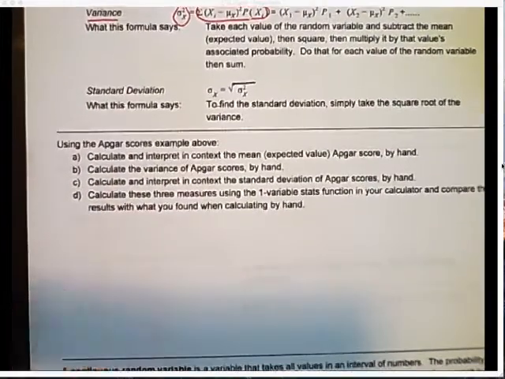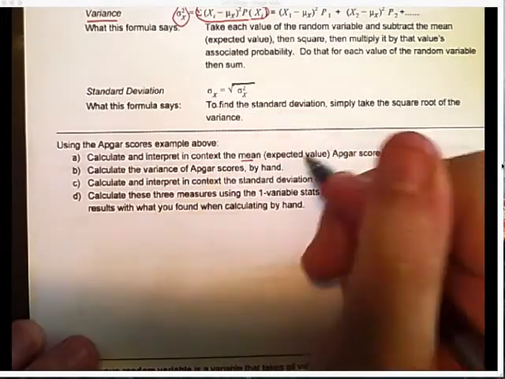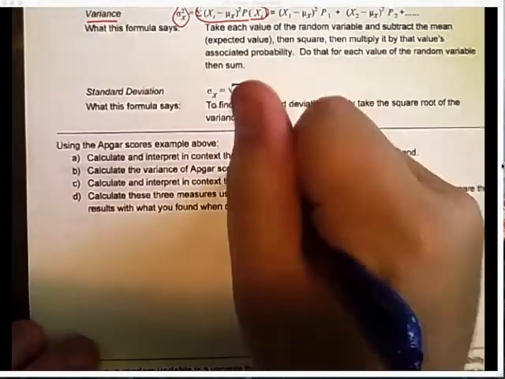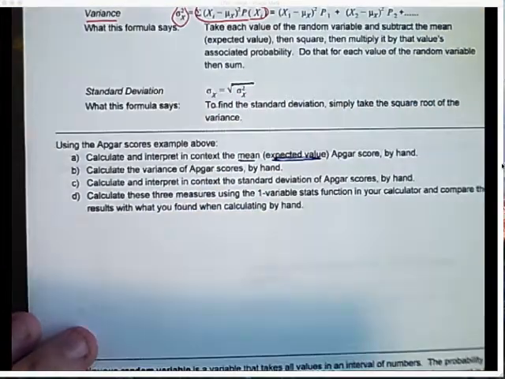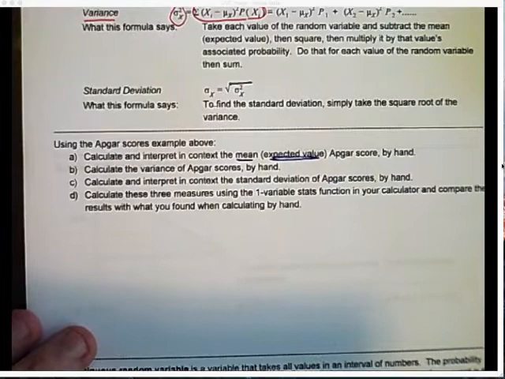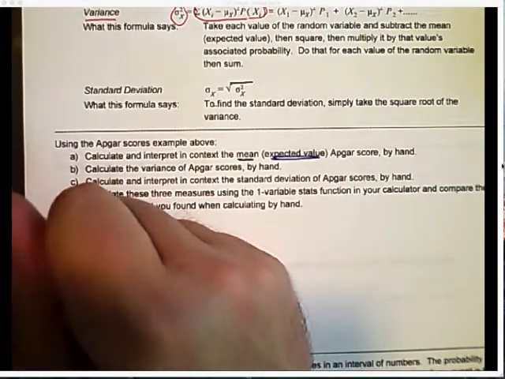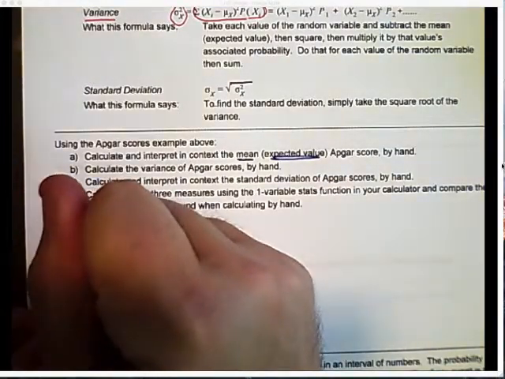So, using the APGAR example, calculate and interpret in context the mean, which means the expected value. So these words are synonymous. Mean, expected value. They can use either one. Of APGAR scores by hand. Remember, we're letting x equal the APGAR score.